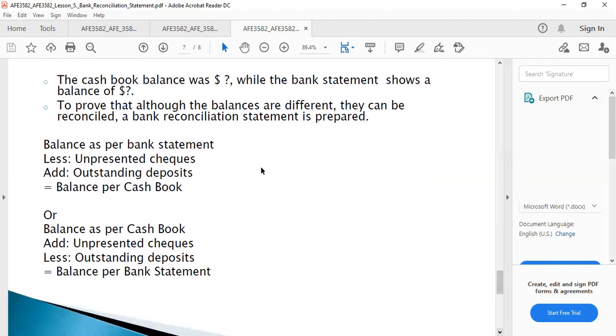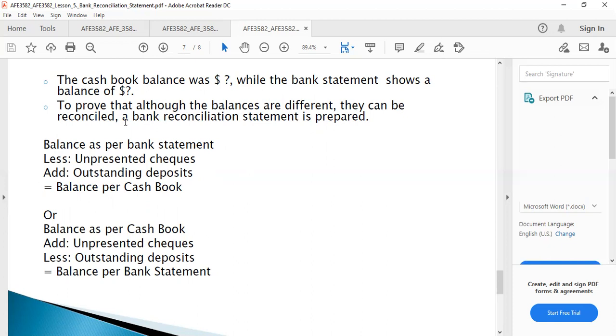Or there's also another format, which is vice versa. Now these ones start from the bottom, which is balance as per cash book. You add unpresented checks, you subtract your outstanding deposits, and then you get your balance as per bank statement. I find this one a bit confusing, that's why I love sticking to the first one.